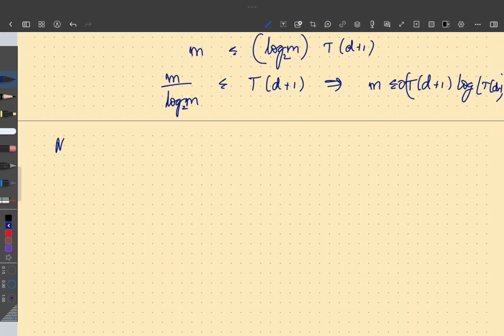But here's a margin based bound on the generalization error.